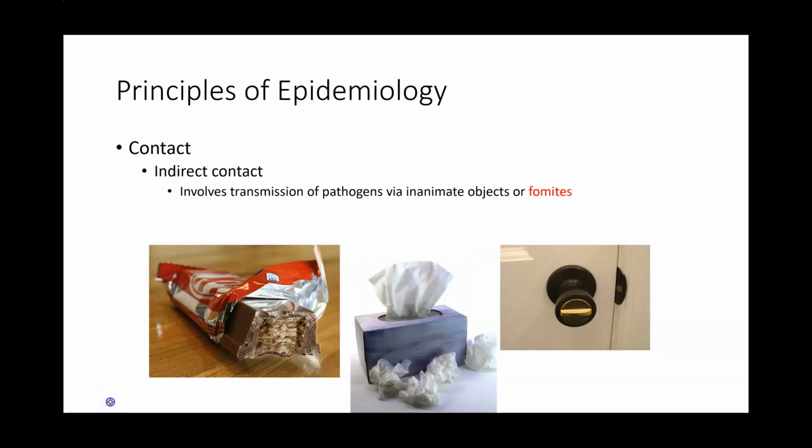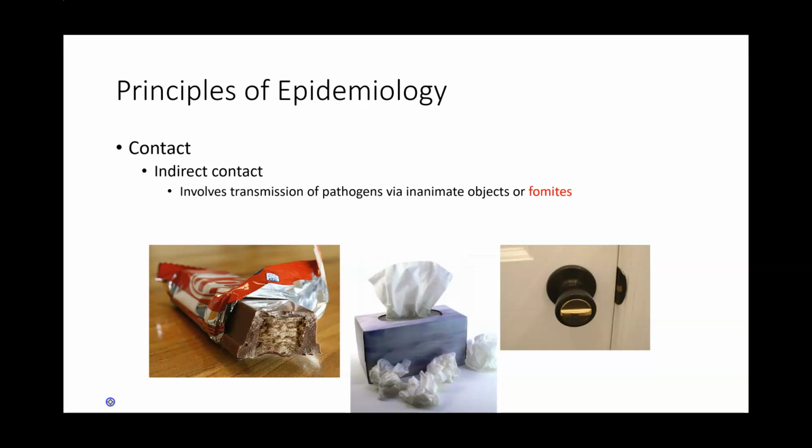But probably the most telling or most common fomites are the ones that everyone touches. Not everybody is going to touch a candy bar or a Kleenex, but everybody has to touch doorknobs. When you're walking into and out of your classes at school or going into and out of a store, you might have to open and shut the doors.